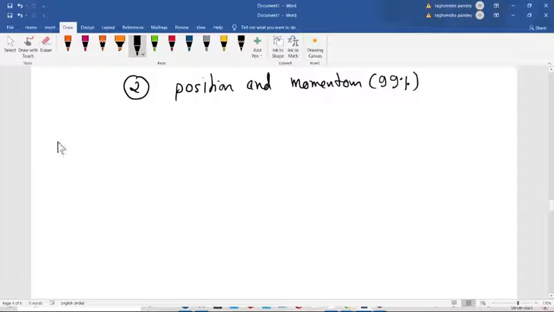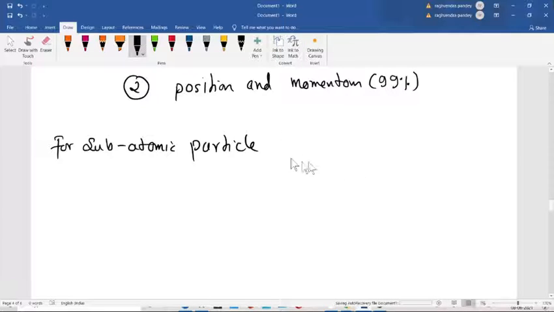For subatomic particles, this applies only to subatomic particles, like electron, proton, neutrons, water molecules, or even atoms.